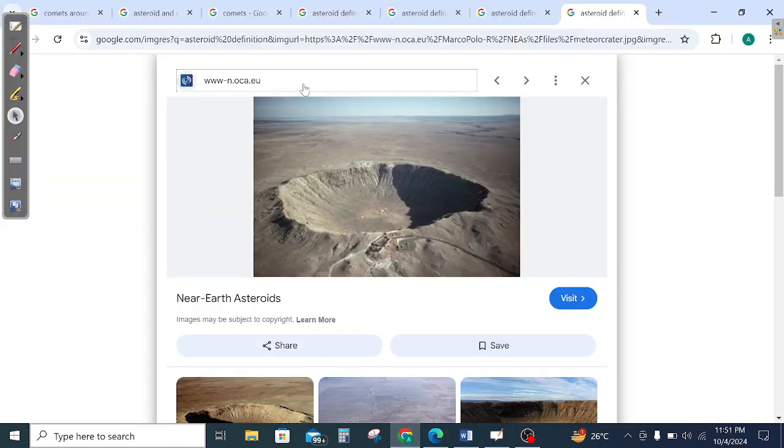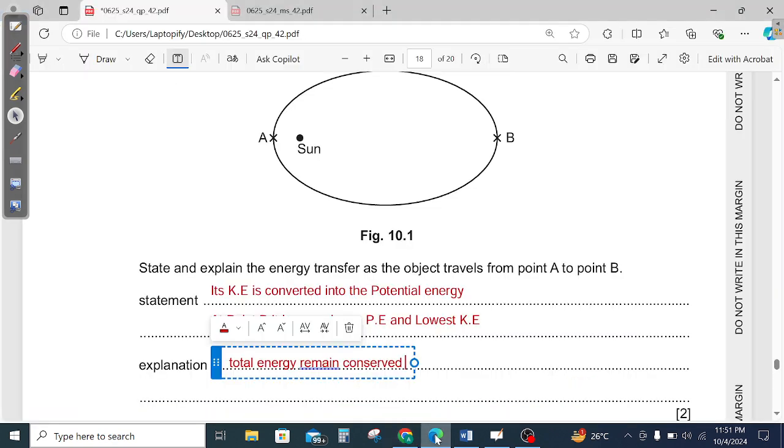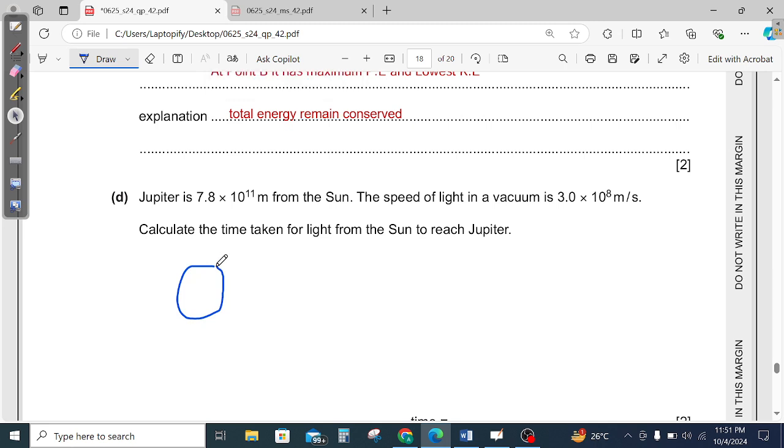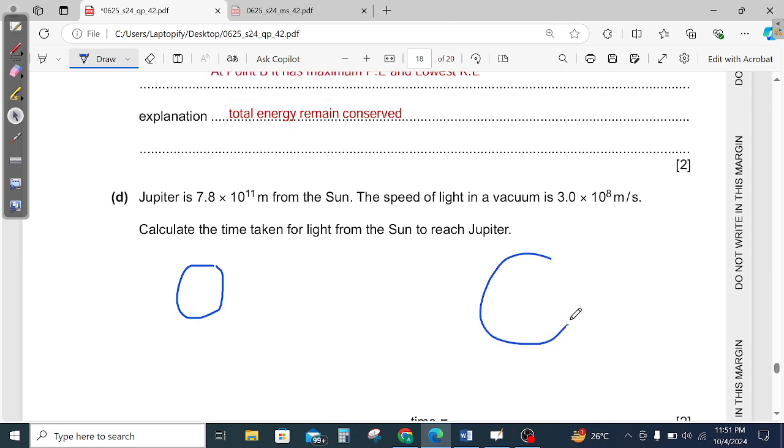Next question is: Jupiter is 7.8 times 10 raised to the power 11 meters from the Sun. The speed of light in a vacuum is this one. Calculate the time taken for the light from the Sun to reach Jupiter. It means the distance between the Sun and Jupiter is this one. Suppose that this is your Jupiter and this is your Sun.